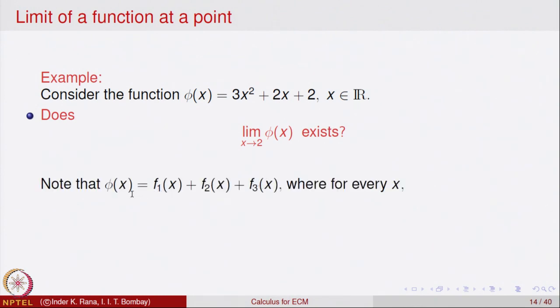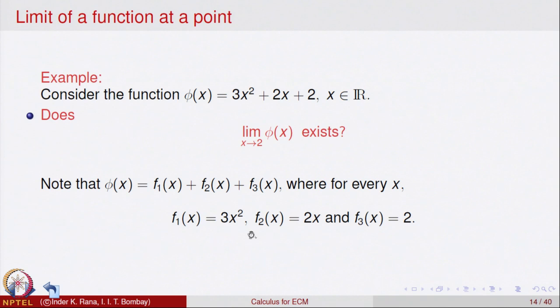So, we can write phi(x) equal to f1(x) plus f2(x) plus f3(x) for every x, where f1(x) is equal to 3x squared, f2 is equal to 2x and f3 is equal to the constant function 2. So, we can write then our function phi.